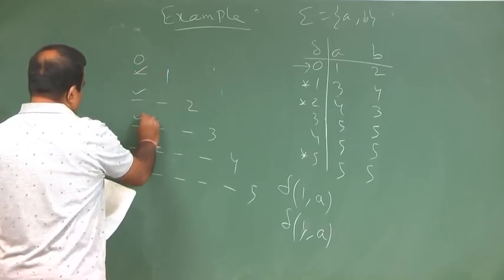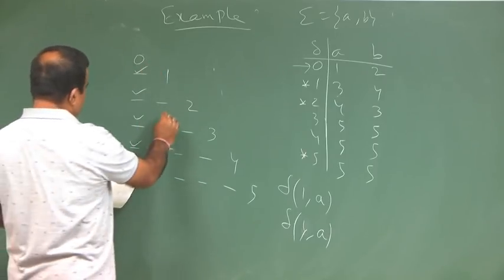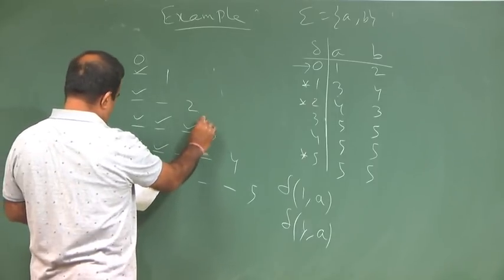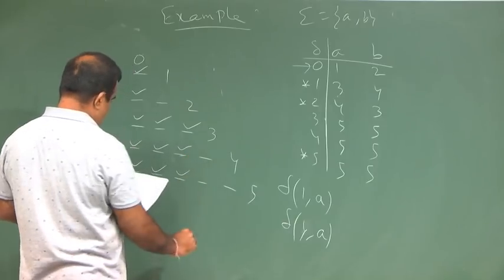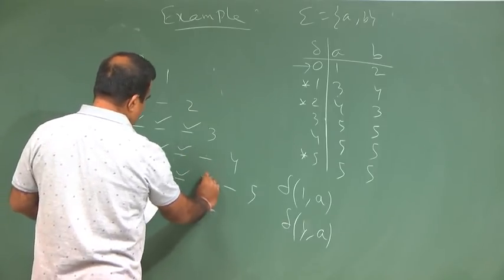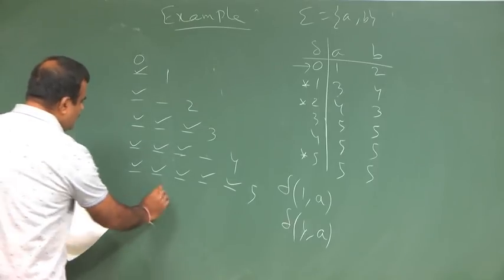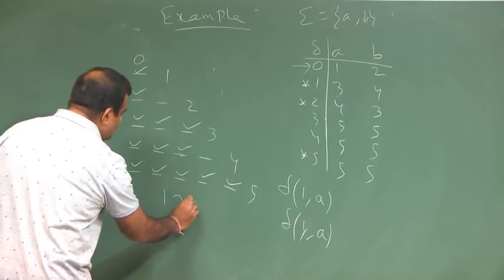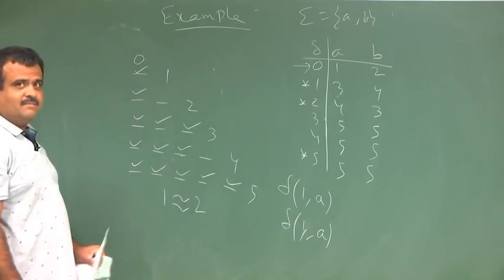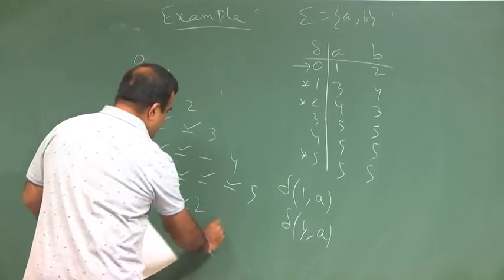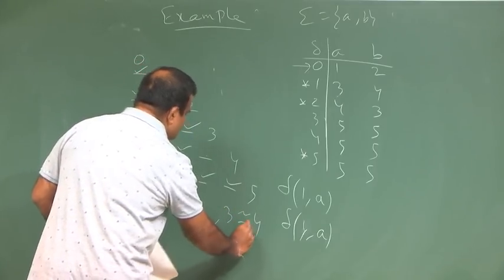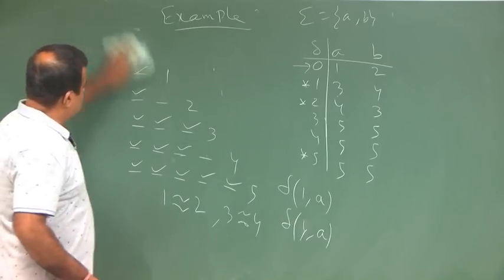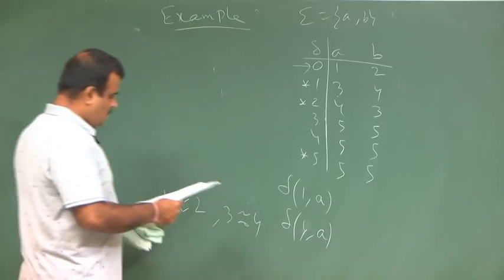Now, we can check this and I am writing the final states. So, this is marked, this is marked, we can easily verify this. This is marked, this is marked, this is marked, this is not marked, this is marked, this is marked. So, we can easily check 1 2 is not marked and 3 4 is not marked. That means 1 2 are in the same class and 3 4 in the same class. The remaining are in different classes. So, we can have the corresponding graph.